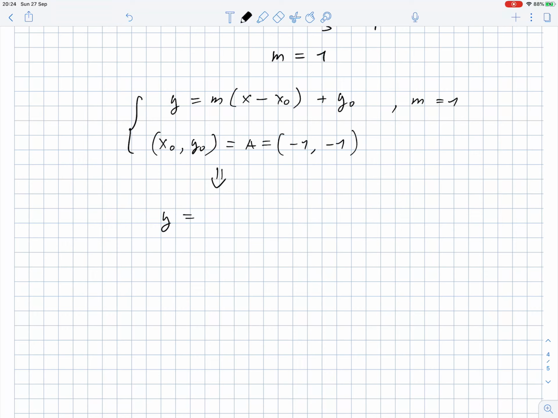y equals 1 times x minus -1. Okay, this is our x0, plus -1. This is y0.